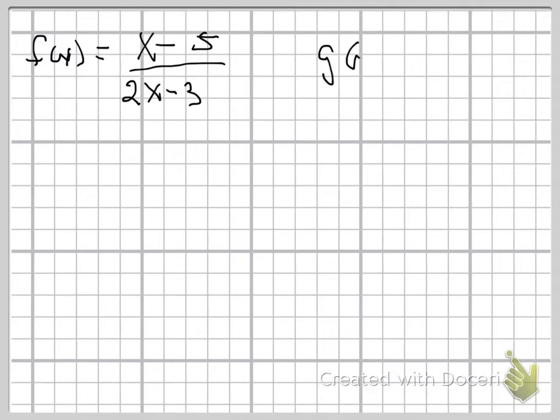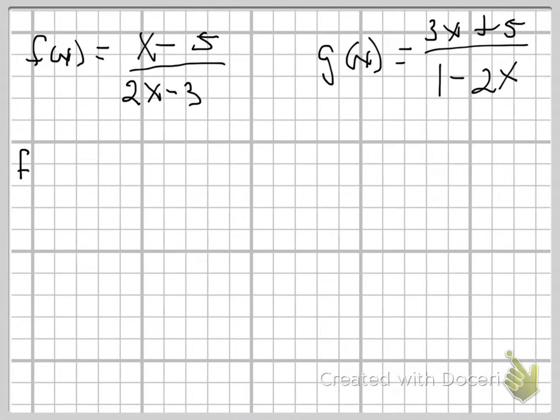Now, let's take a look at another one. Let's take a look at f of x equals x minus 5 over 2x minus 3, and g of x equals 3x plus 5 over 1 minus 2x.